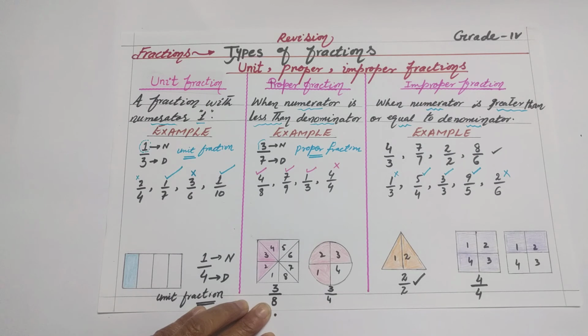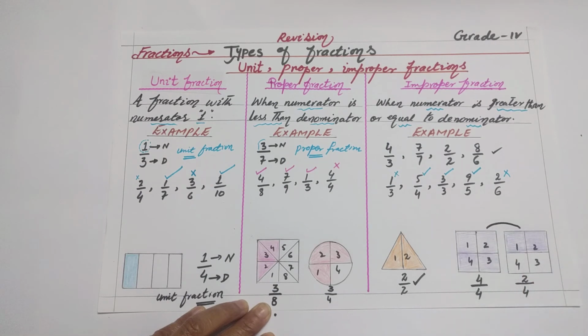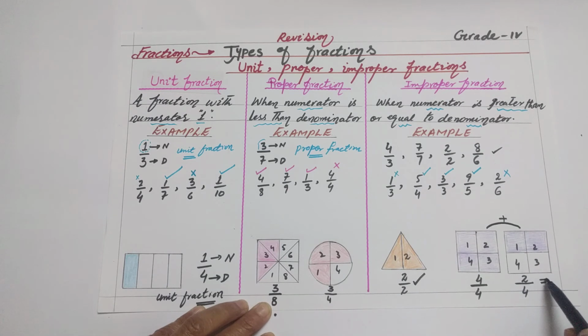So what will be the fraction? As total parts are 4 and I am using just 2 parts, the fraction is 2 by 4. So from these 2 cakes, if I combine the total parts, I am using 1, 2, 3, 4, 5, 6 parts.